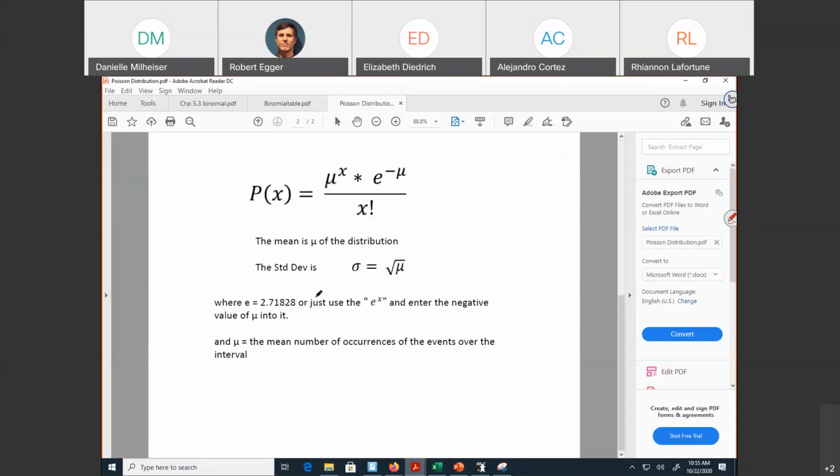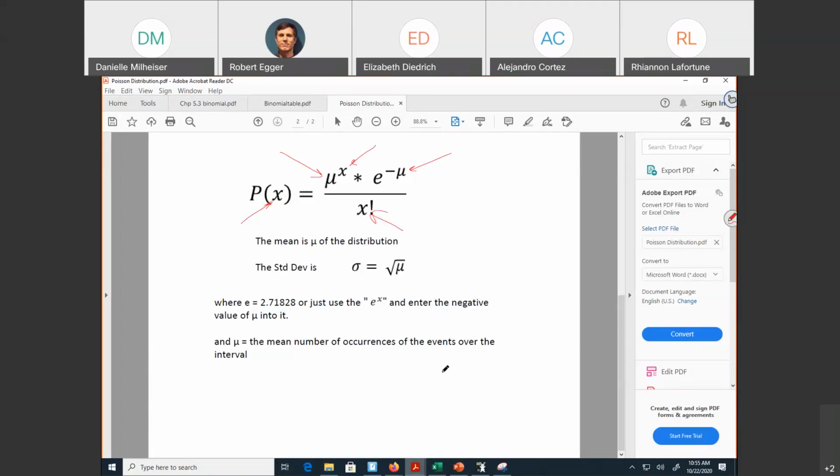The formula for it is pretty easy. If you look at it, the only thing we need for a Poisson distribution calculation is the mean and the number of occurrences. That's it.